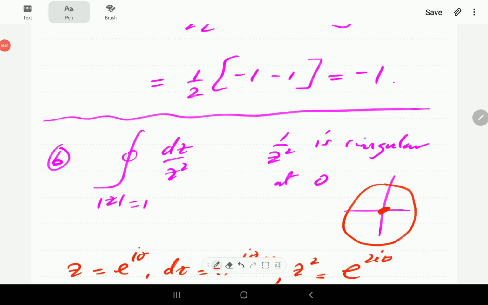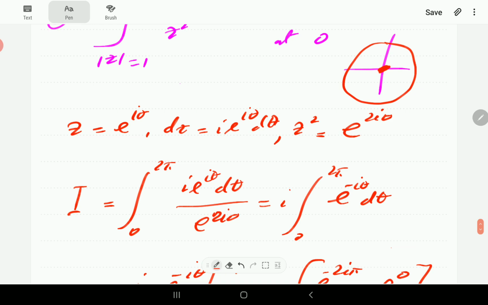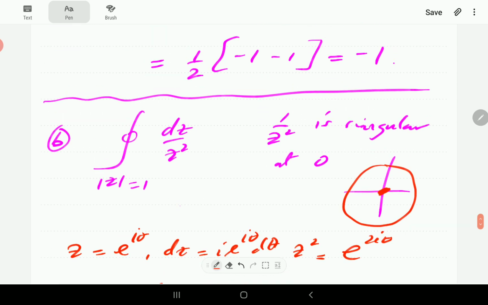Right, so in this case we are looking at the integral of 1 over z squared, which is singular at the origin. Our contour is the unit circle around the origin.